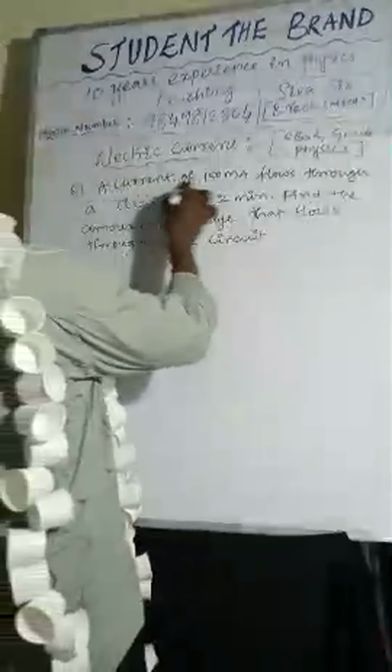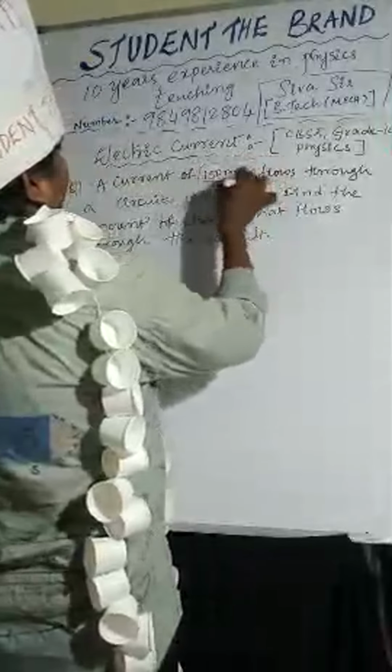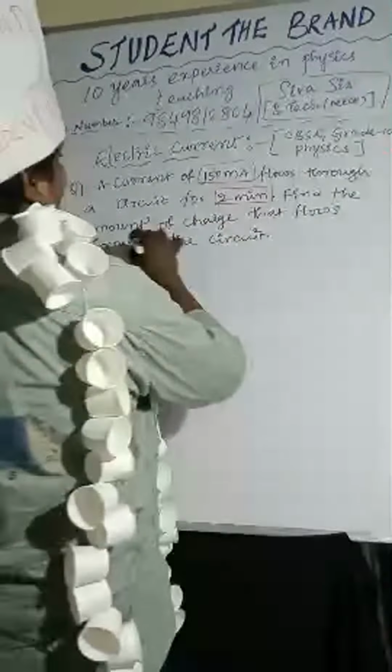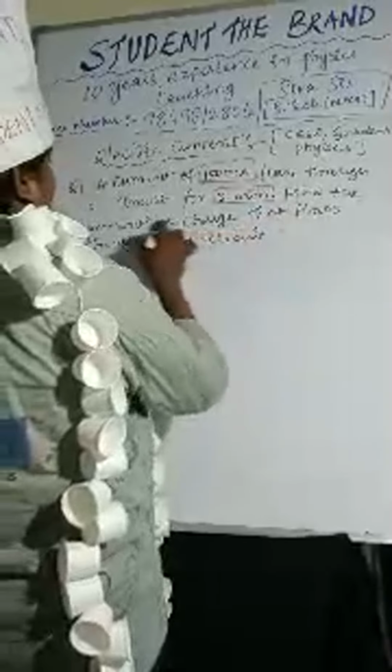A current of 150 milliampere flows through a circuit for 2 minutes. Find the amount of charge that flows through the circuit. So find the amount of charge they are asking to find out. So Q you have to find out.